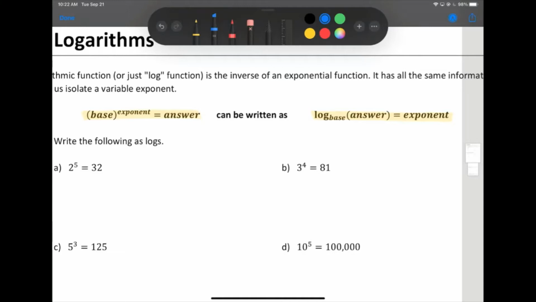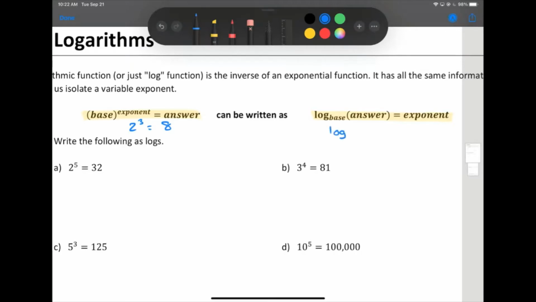Now, if we wrote this over here just as the example, 2 to the 3 equals 8, I could rearrange that and write it like this.